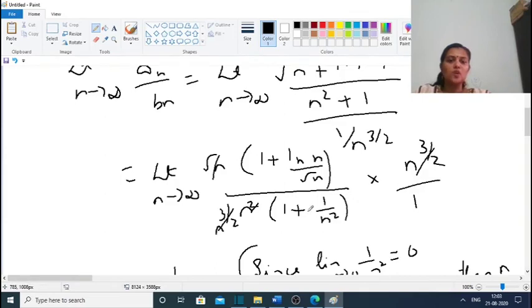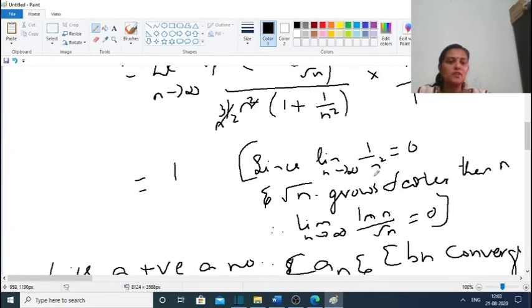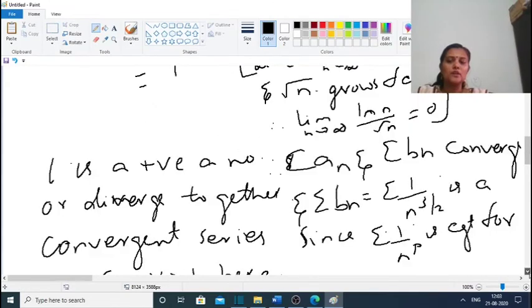So this becomes 1. So our limit becomes 1, since limit n tends to infinity 1 by n square is equal to 0 and root n grows faster than ln n. Therefore limit n tends to infinity ln n by root n is equal to 0. And 1 is a positive number.